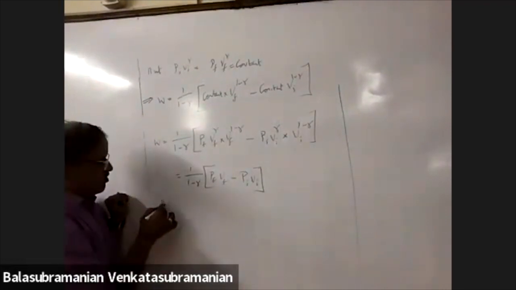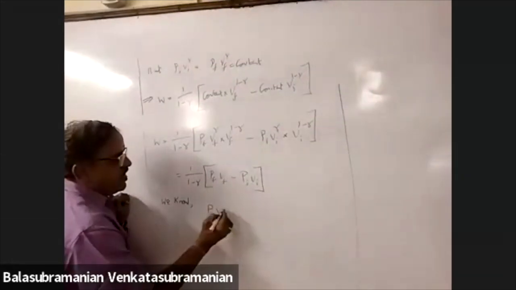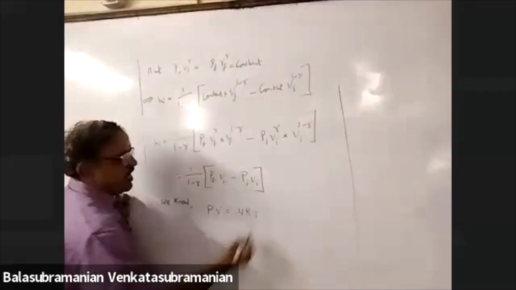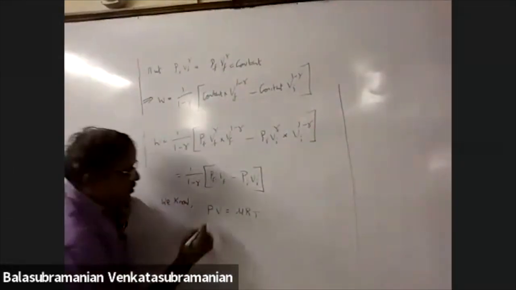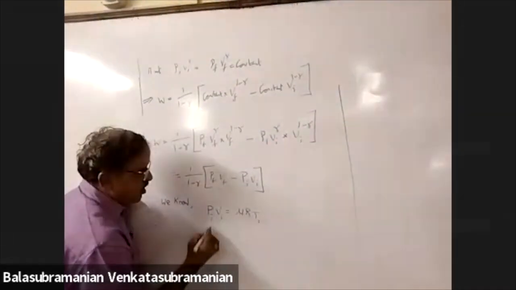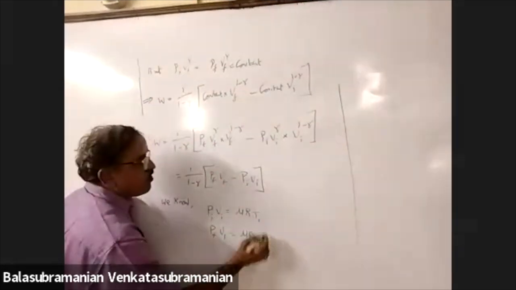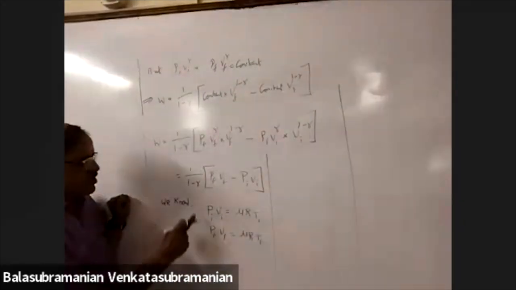We know PV is equal to mu R T. Pi Vi is equal to mu R Ti. Pf Vf is equal to mu R Tf. Substitute this value.